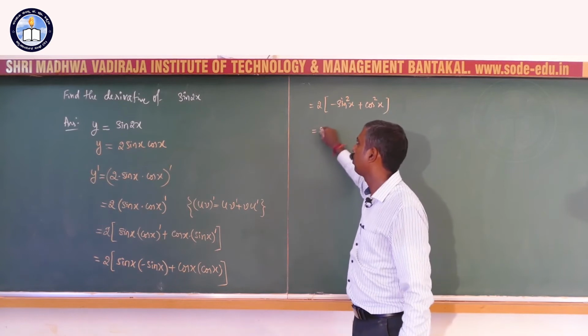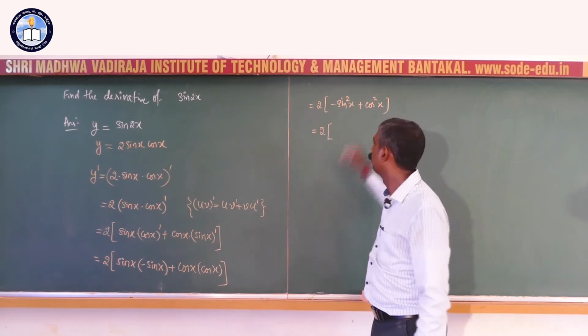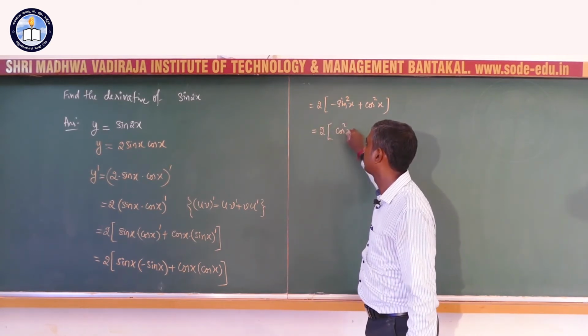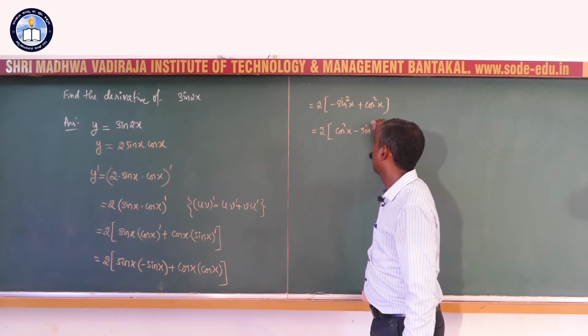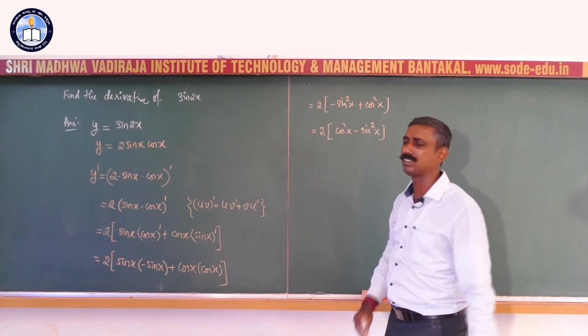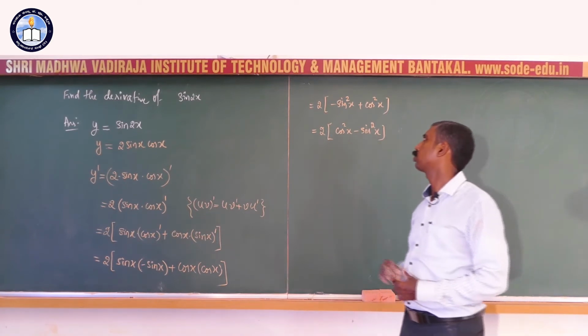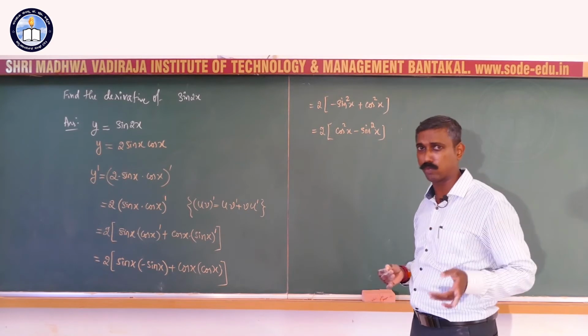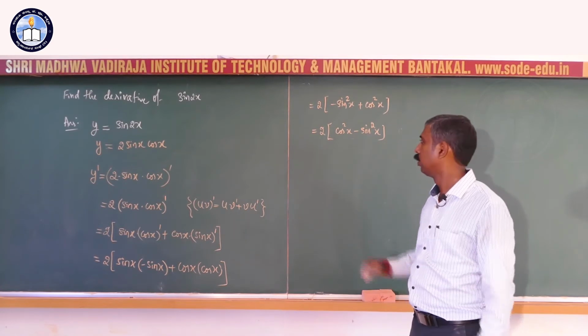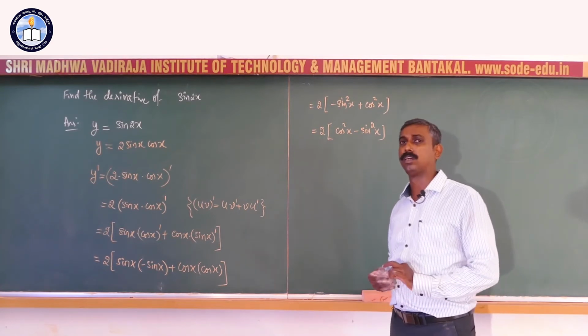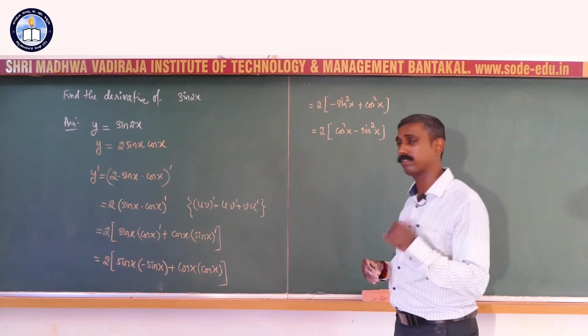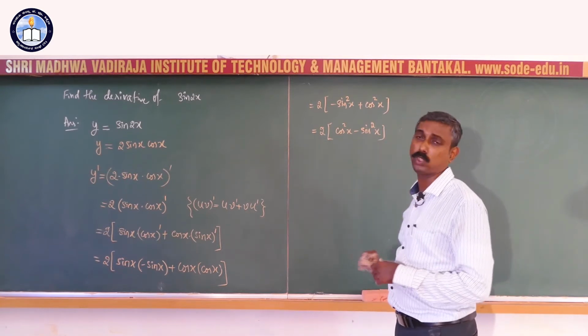So, this is equal to 2 times (cos square x minus sin square x). I rewrite this simply because I have seen this somewhere, because cos square x plus sin square x is equal to 1, we know that. Now, cos square minus sin square, yes, whatever you people have guessed, it is cos 2x.